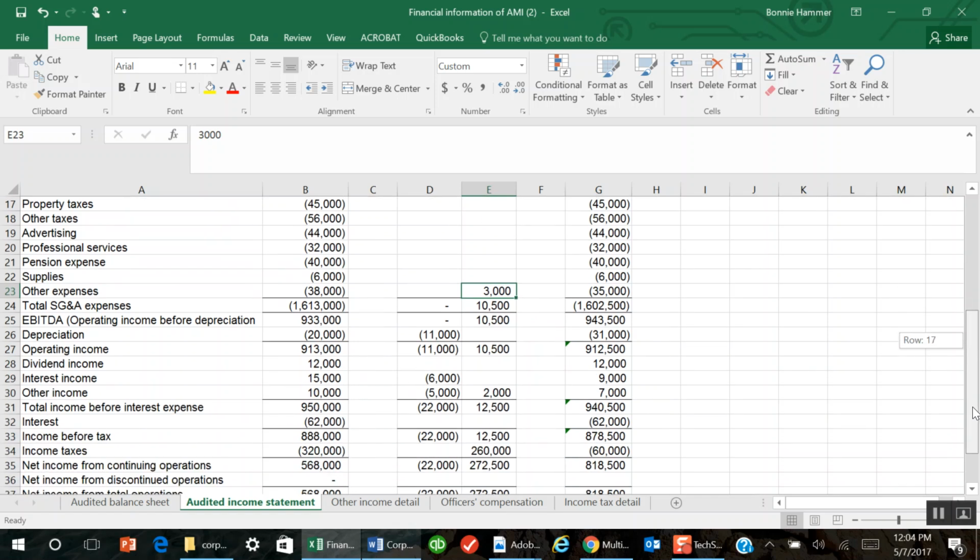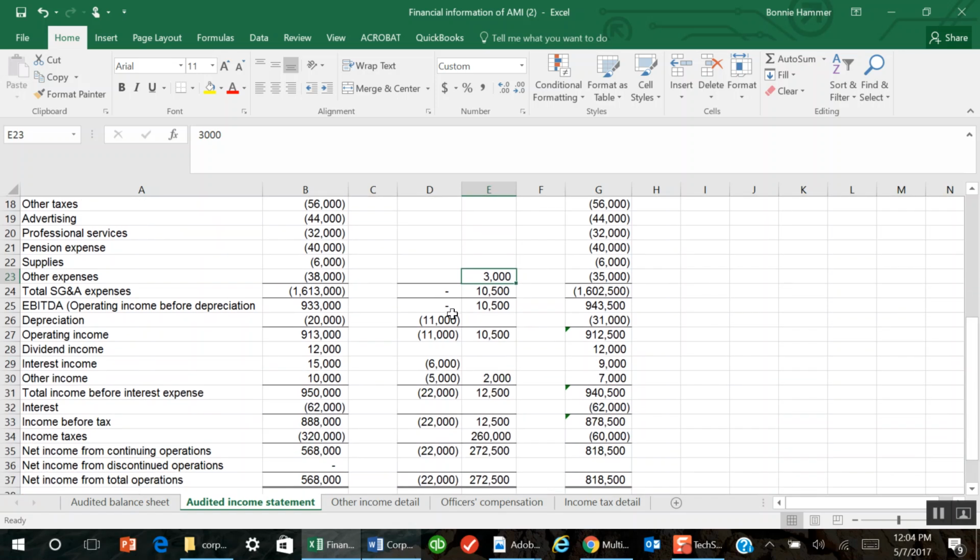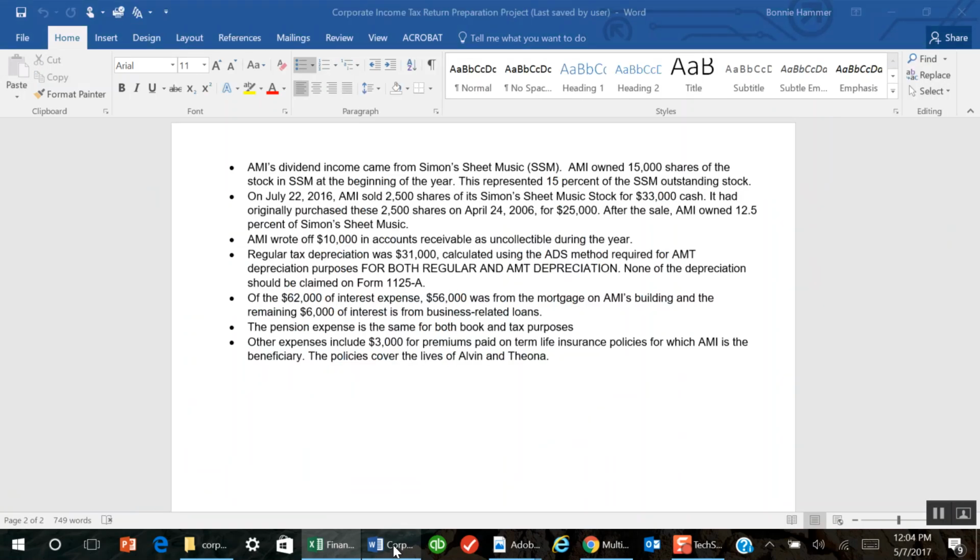Now, when we get down here, we'll see that there's an $11,000 book tax difference between book depreciation and tax depreciation. Most of you got this right, but some did not. I was pretty clear here actually, I kind of gave you guys the answer. I said regular tax depreciation was $31,000.